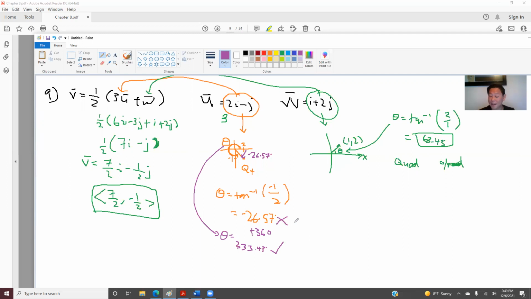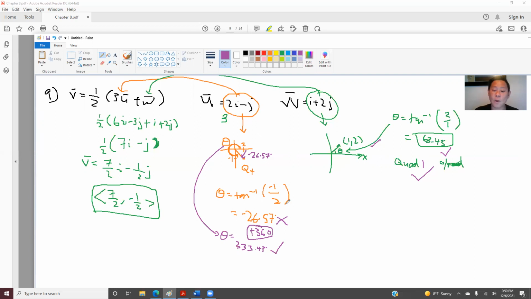I just want to be careful with you guys: if you found this in quadrant 1, this is good news, everything is good. But if it's in quadrant 2, 3 or 4, you need to perform something on it. You not necessarily just grab that angle. If it's in quadrant 4, you do need to add 360 to it.